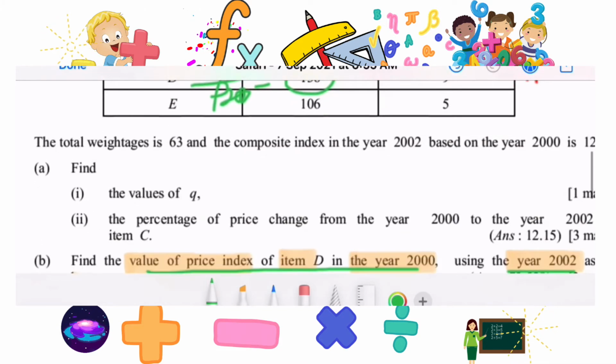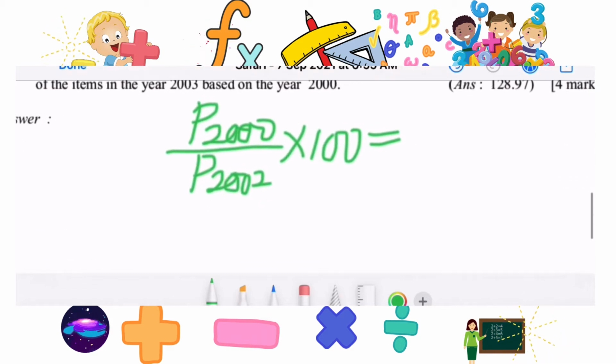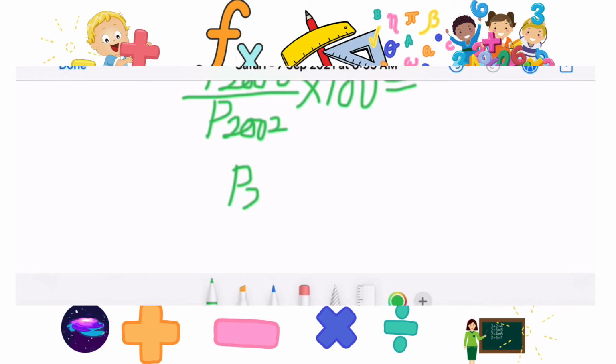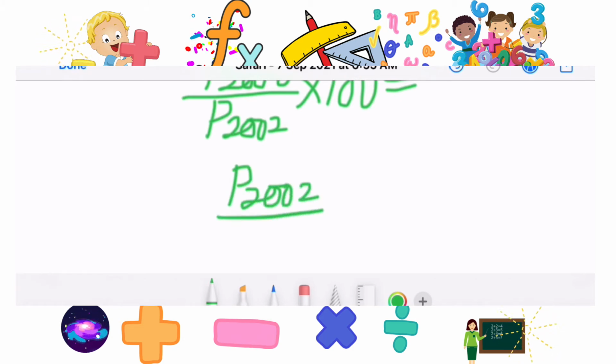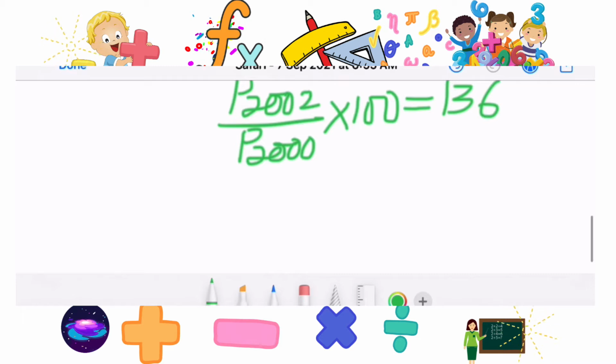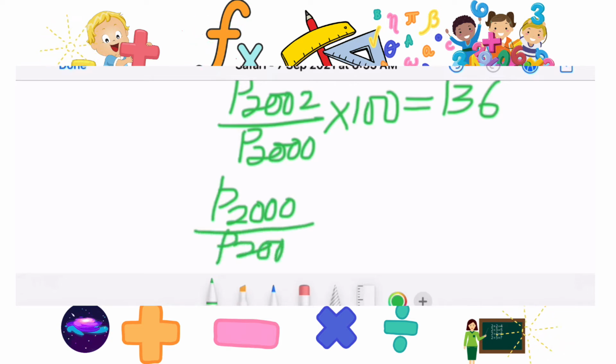So that means we have to inverse it. If we read the question properly, the base year is 2000 and we are given 136. Now we want to find P 2000 over P 2002.